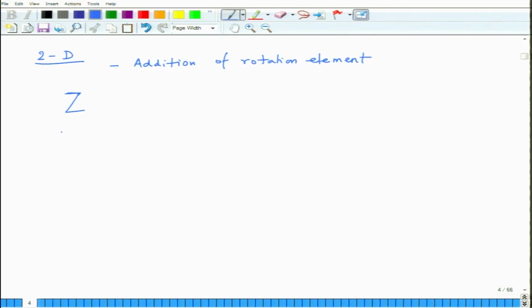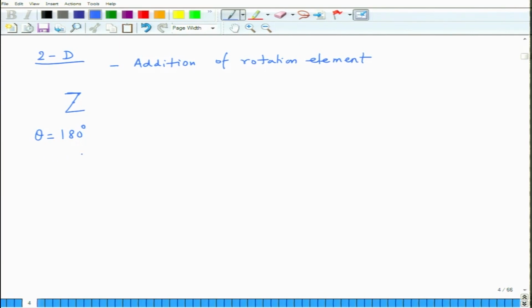I need to rotate it by theta equal to 180 degrees. So if I rotate around this point by 180 degrees, it will come into the same shape.